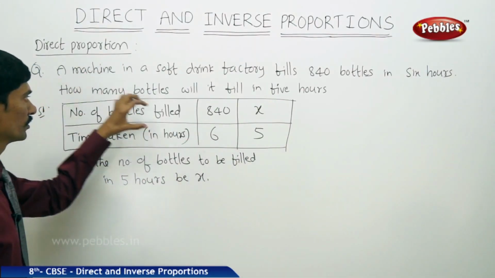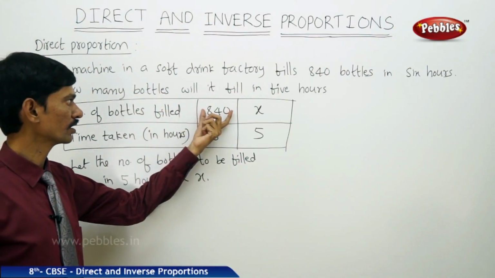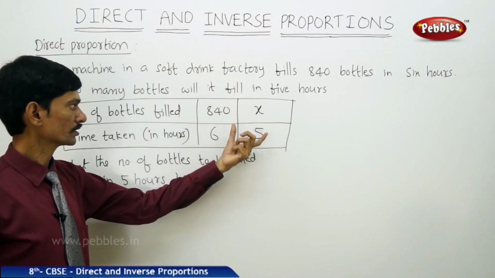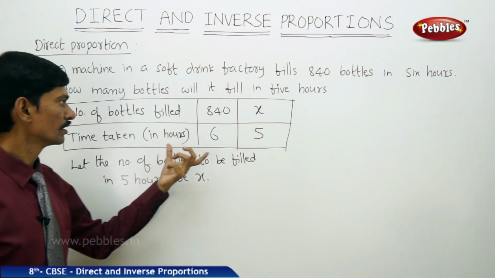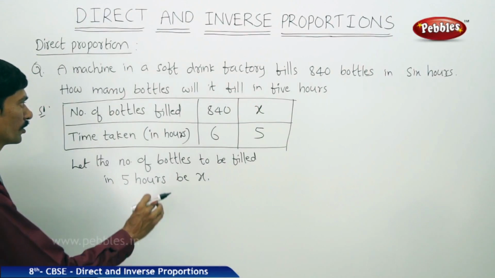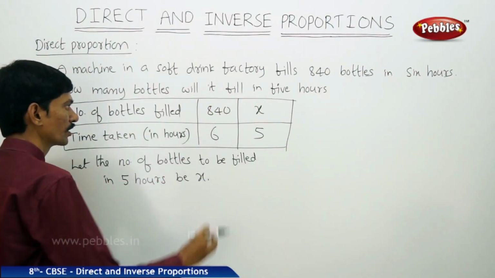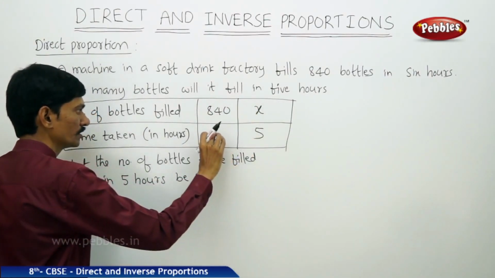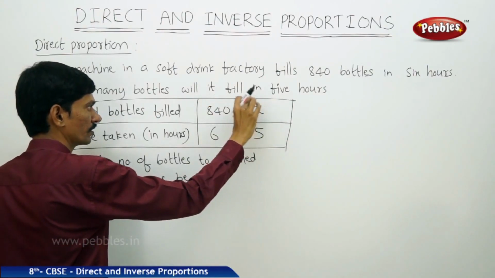Now if it is taking 6 hours to fill 840 bottles, then it will take less time to fill fewer bottles. Now if it is filling 840 bottles in 6 hours, then how many bottles will it fill in 5 hours? So the time is reduced here, so the number of bottles to be filled is also reduced.